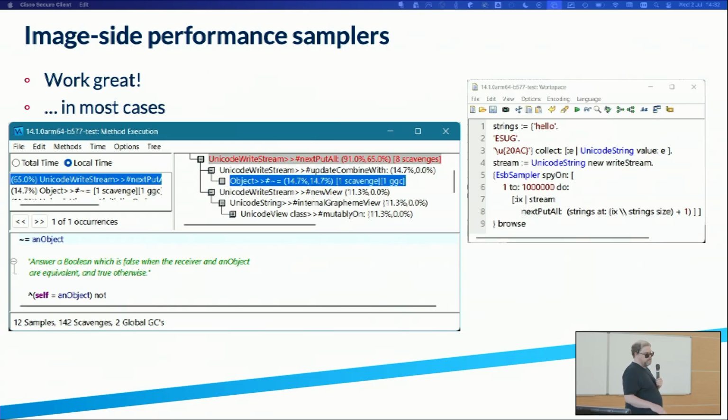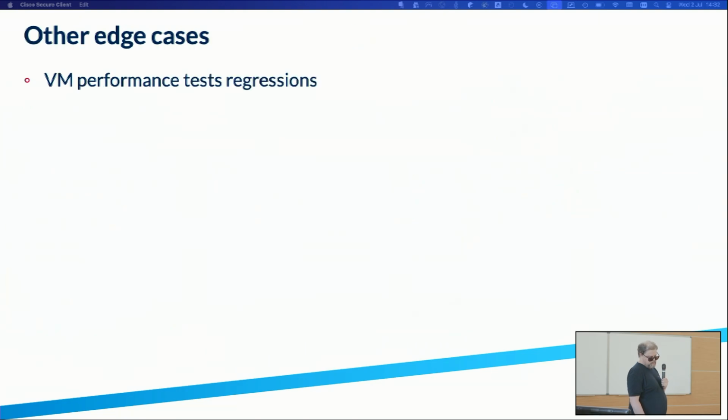There's lots of code in this method, but all of the samples here have been assigned to wherever scavenges happen. Those are the only suspension points in that method where the sampler was able to collect a sample, because the rest is primitives, or optimized bytecodes that don't have suspension points. That gives the image side profiler a hard time figuring out which parts of this method are actually taking a lot of time.